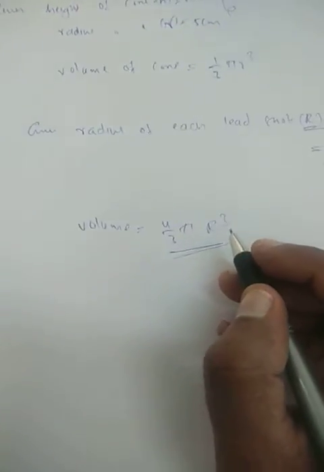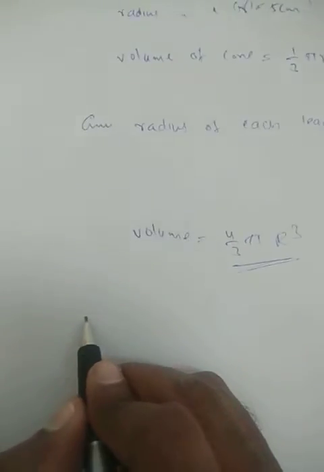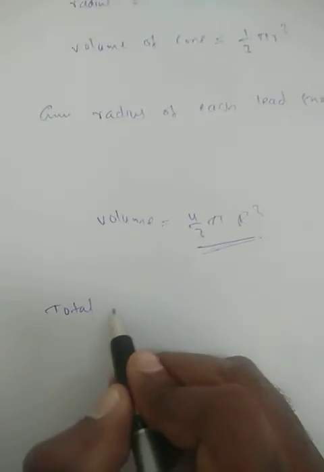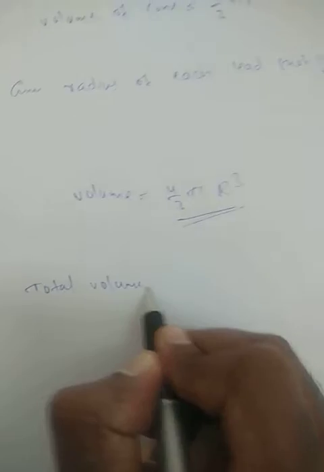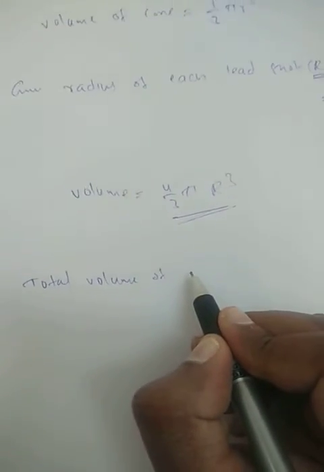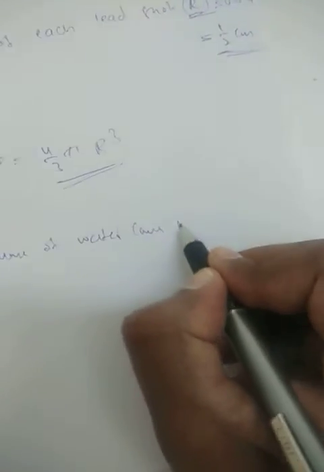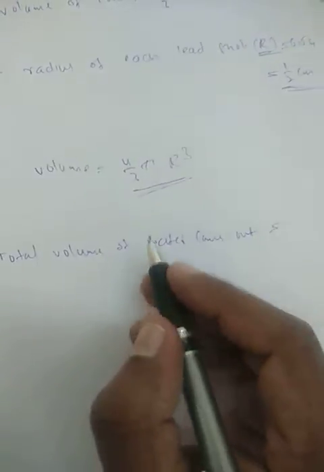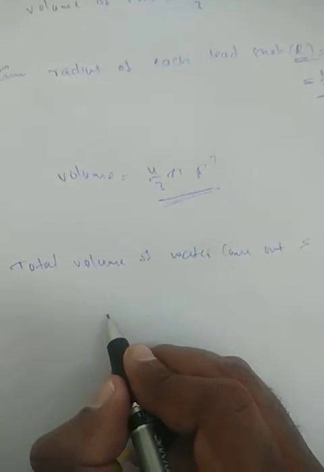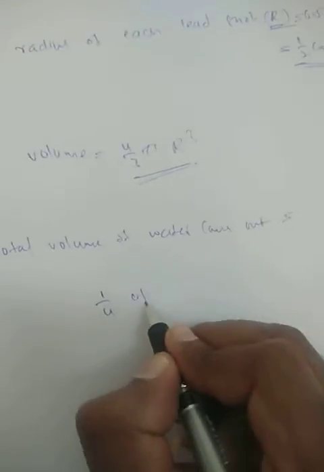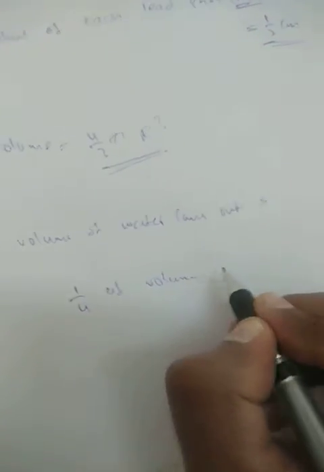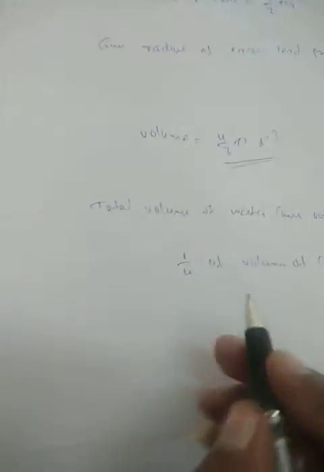So the total volume of water that comes out is equal to 1/4 of the volume of the cone. What is the amount of water that comes out?